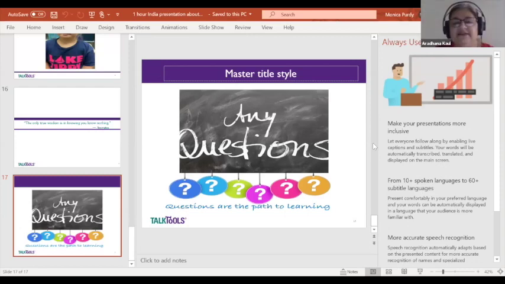One parent has asked, my kid eats all kinds of foods but is not verbal yet. Will OPT help? Yes. What we would have to do is figure out why they are not verbal. Can they make a sound on command? If they can't, that's where we're going to start.